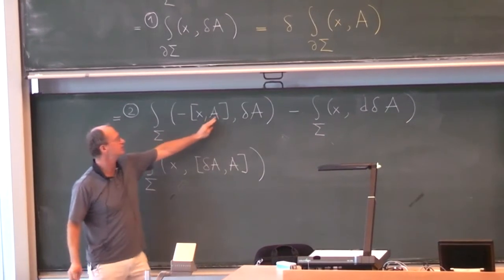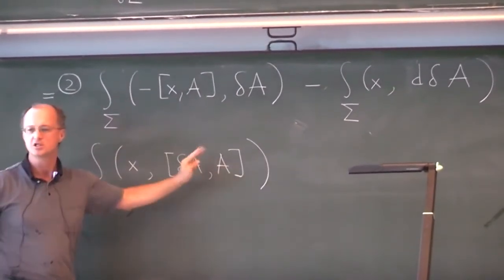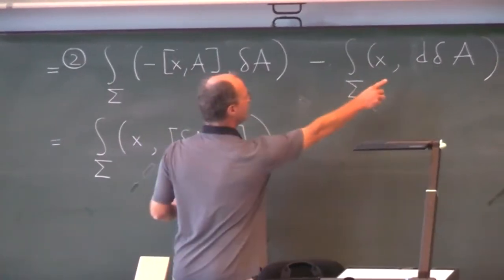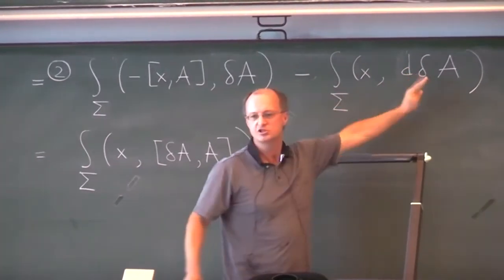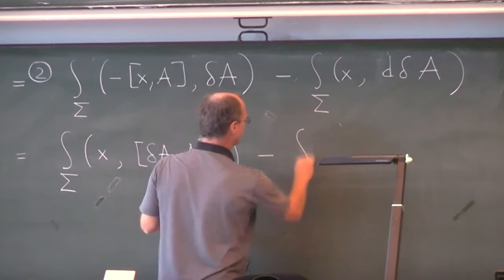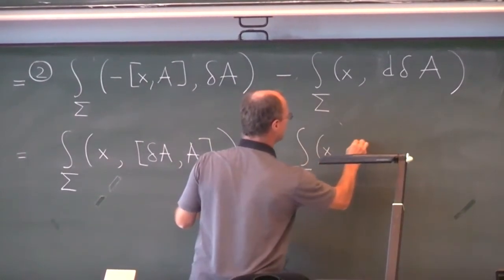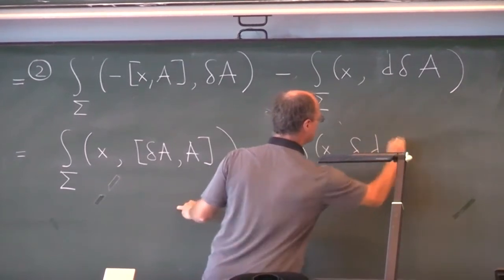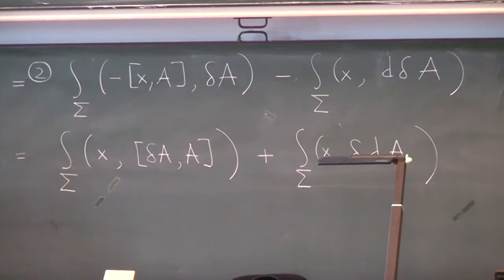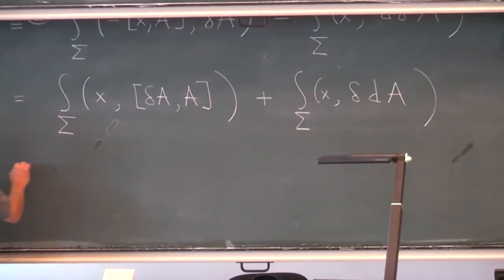First of all, I shifted A here by the invariance, and then I exchanged delta A and A to get rid of the minus sign. Now here I can switch d and delta, so these are two differentials. Normally, according to the standard notation, they anti-commute, so I exchange them and I get an extra minus sign. Now let me do the last rewriting.